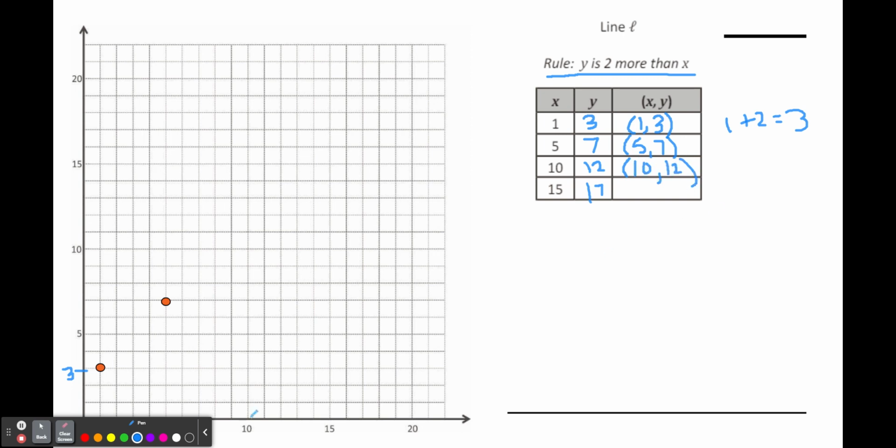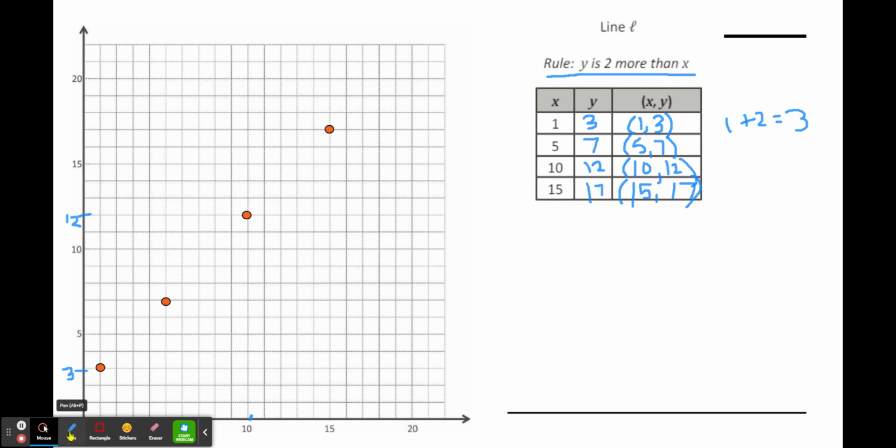And we would find 10 on our coordinate plane, go all the way up till we get to 12, which is right here. And where they meet is going to be where our ordered pair is going to go. And our final one for this rule, out of the points that we're going to go ahead and plot, is going to be 15, 17, which if we plot that point, it's going to be over here.